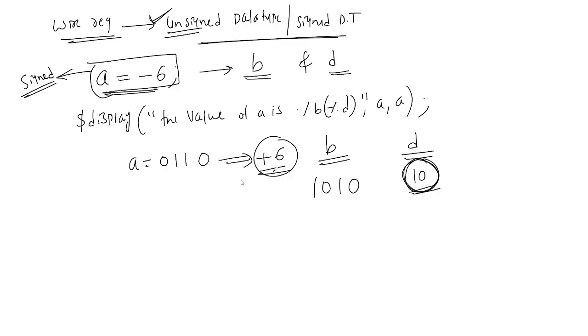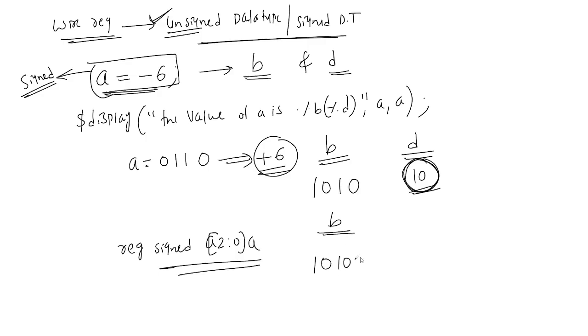If it is a signed number, we need to declare it as reg signed, and you need to declare a as 2 down to 0, that is 3 bits. When you declare this, it will be displayed in binary as 2's complement, that is 1010, and in decimal it will display -6.